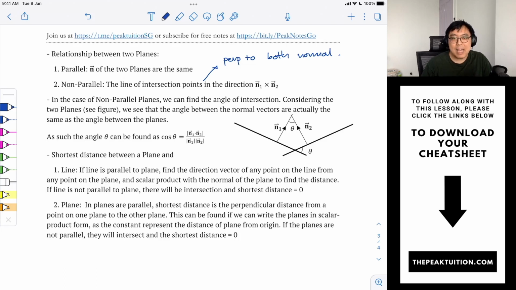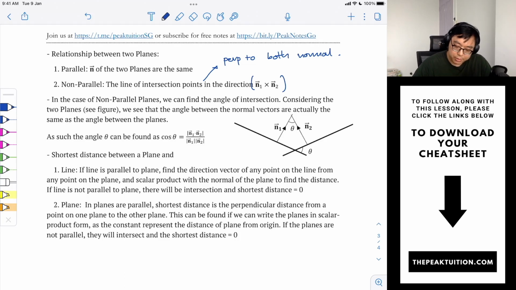So if the line is on both planes, the line must be perpendicular to both normals. And the only way we can get that is to use a cross product. Important, right? Cross product. This tells us the direction of the line.